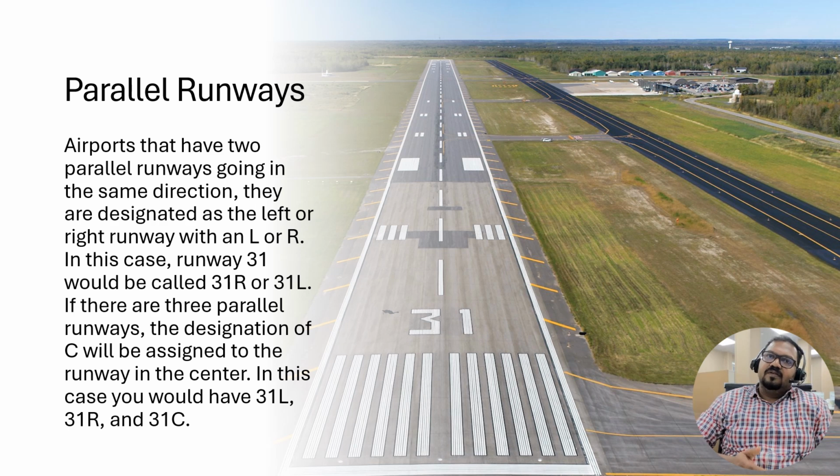In some cases they use a central line runway also, so there can be three runways. We pronounce them as right, left, and C. C means center. For example, if the runway number is 31, we call it 31L, that means 31 left; 31R, that means 31 right; then 31C, which means 31 center.